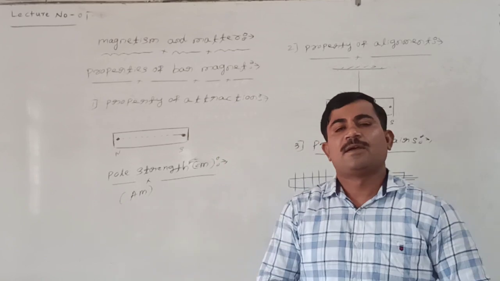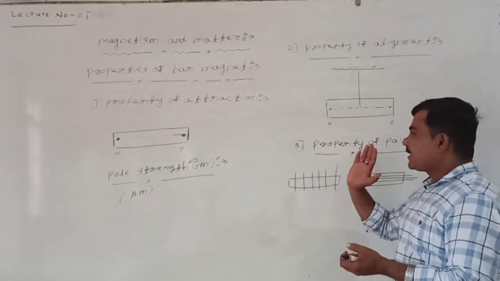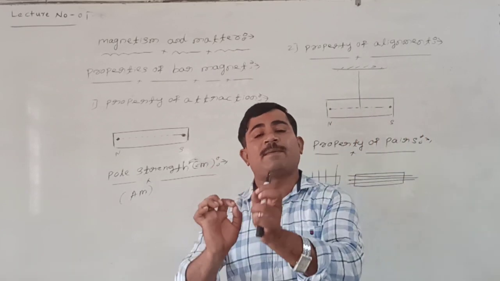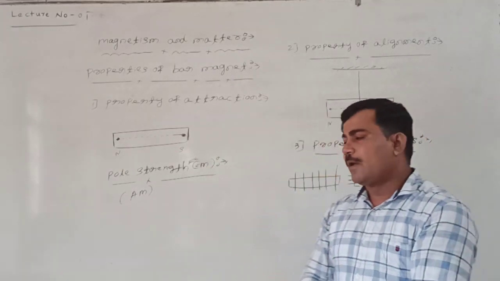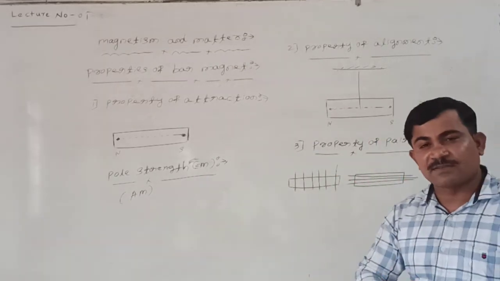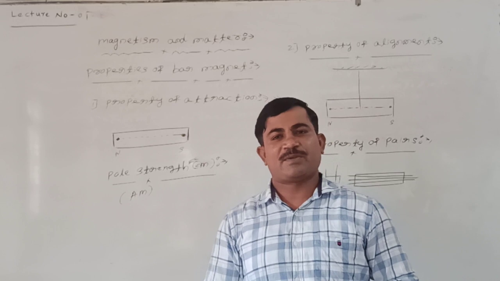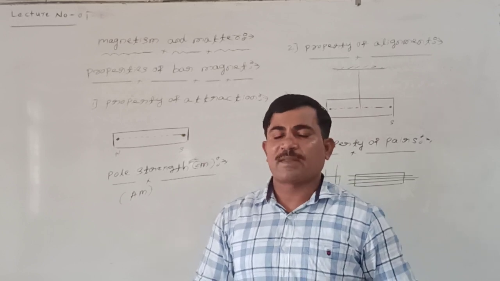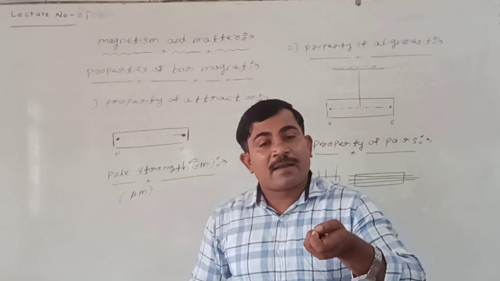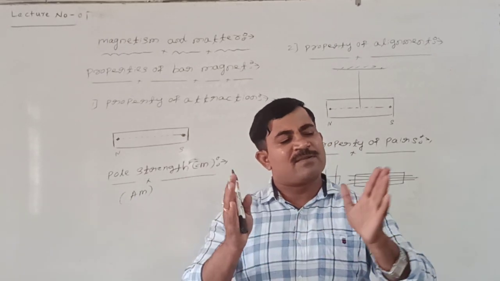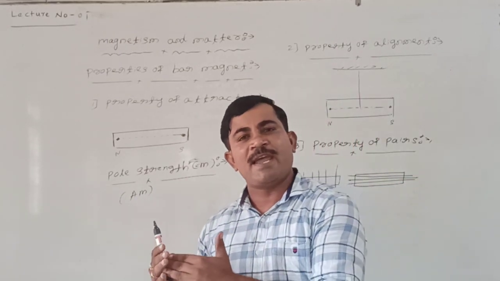So whenever a magnet is cut into a number of pieces, each piece again acts as a magnet. Wherever a magnet exists, there must be one north pole and one south pole, so we can say the magnet always exists in pairs.